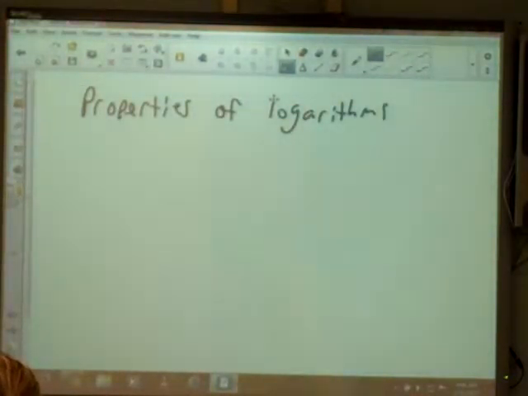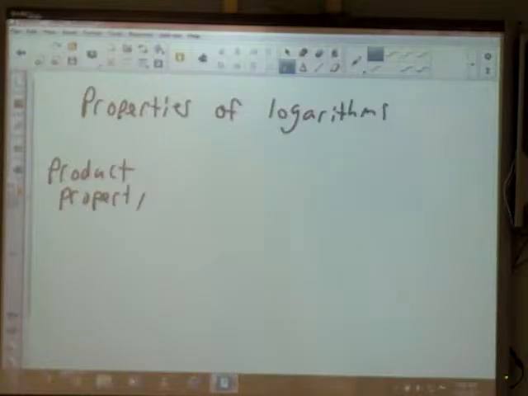Alright, on our properties of logarithms here, we've got 3 of them. First one is our product property. Product deals with multiplication, and multiplication is friends with addition.